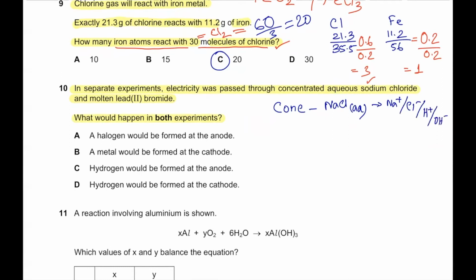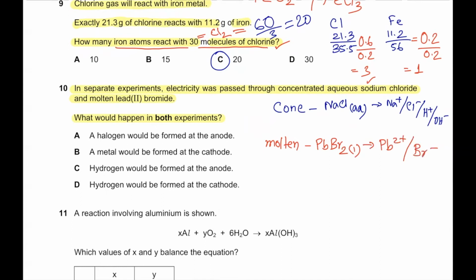And when we say molten lead bromide, we need to understand that in molten form it is a binary electrolysis. So lead bromide, PbBr2, a classic example of electrolysis. There is only Pb2+ and the bromide ion.